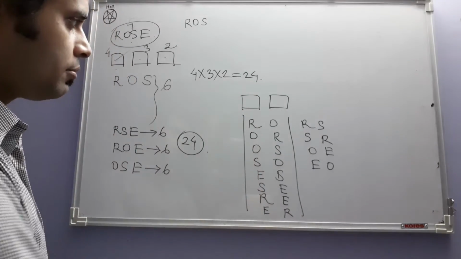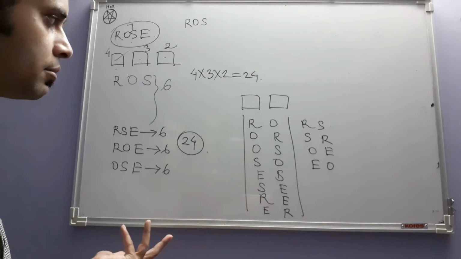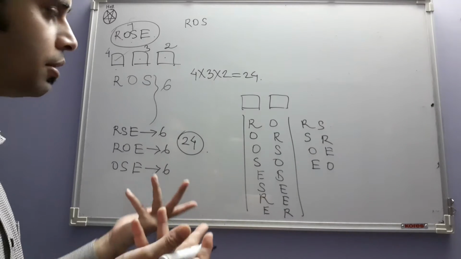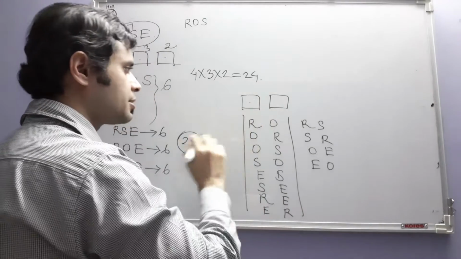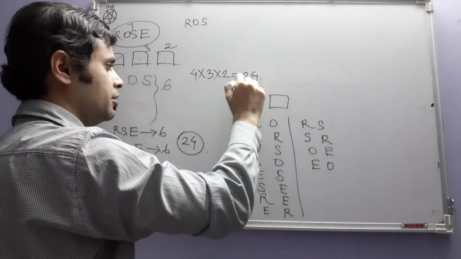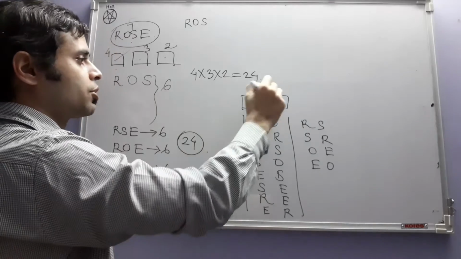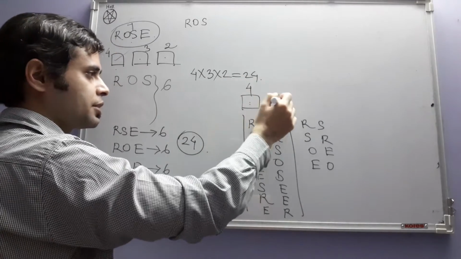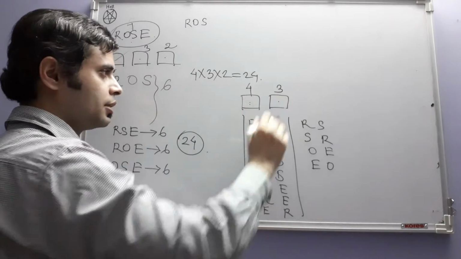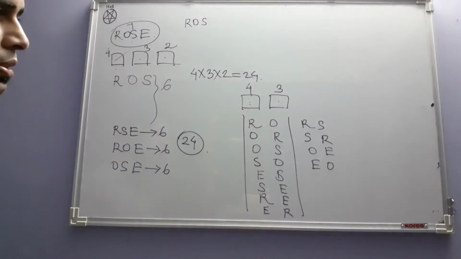Now, here what is the number? Same, you just use the fundamental principle of counting. For the first place, I have 4 possibilities. For the second place, once a choice has been made for the first place, the remaining things give me 3 possibilities.